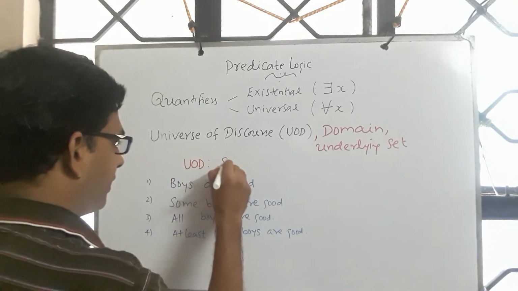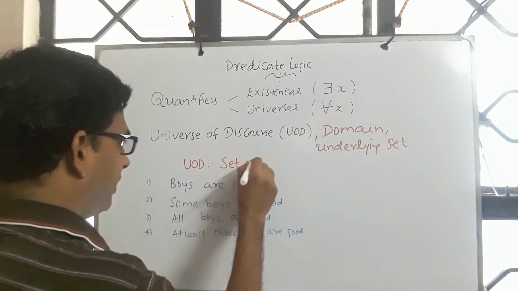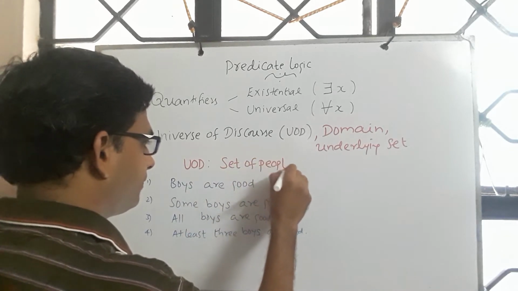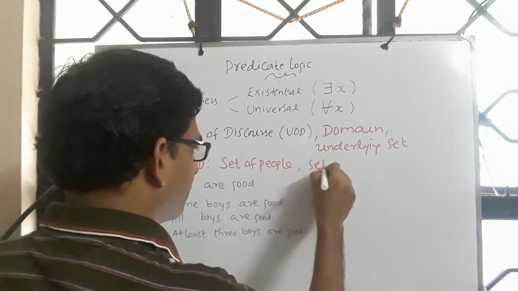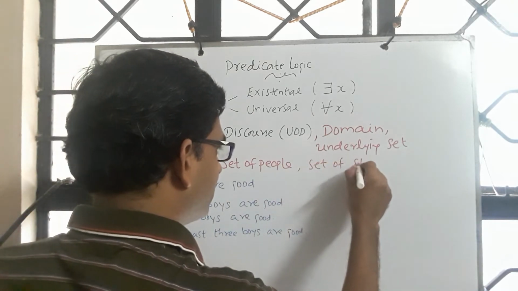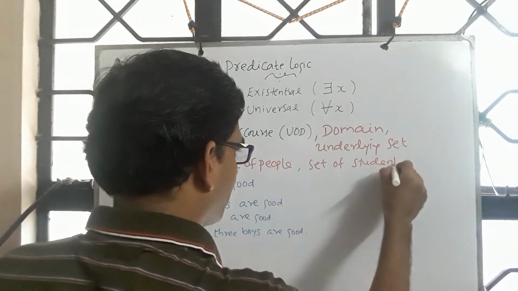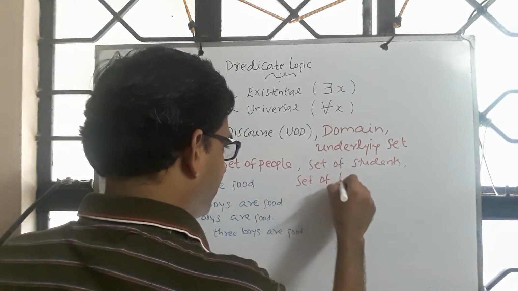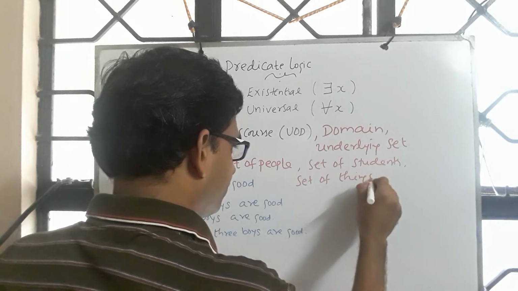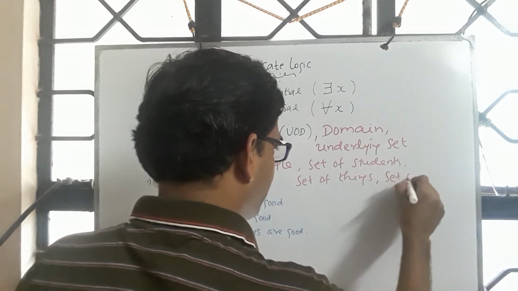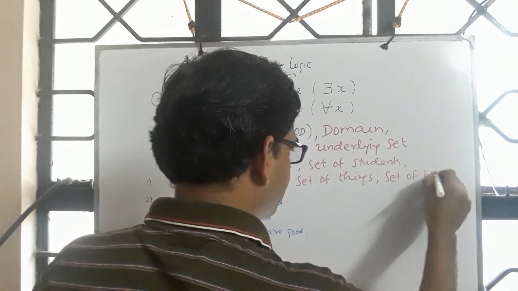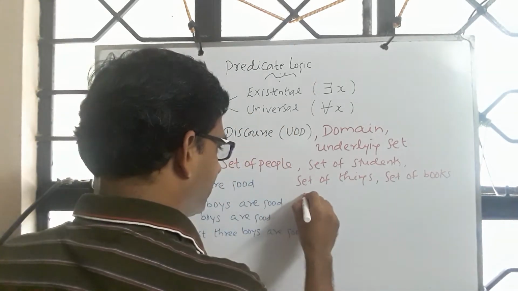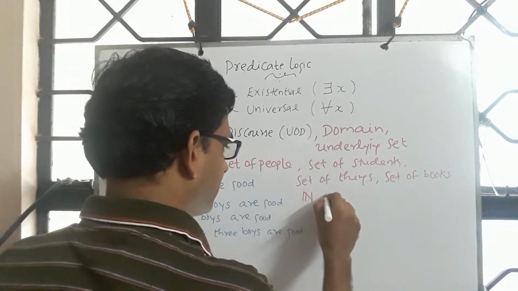It could be, for example, a set of people, a set of students, a set of things, a set of books, or it could be a well-known set such as natural numbers.